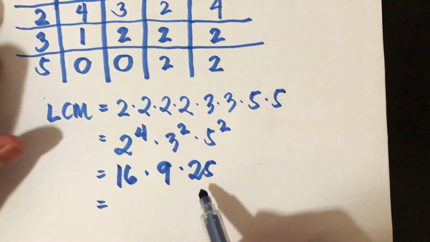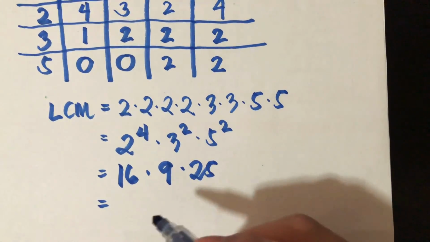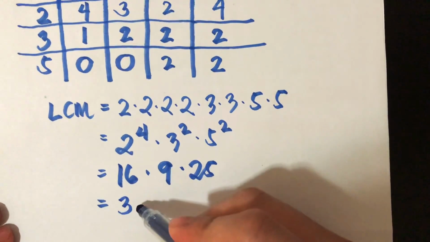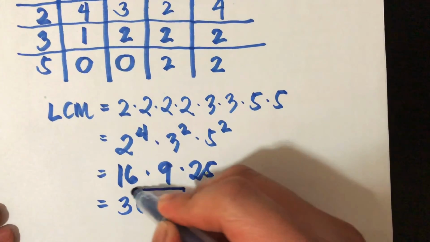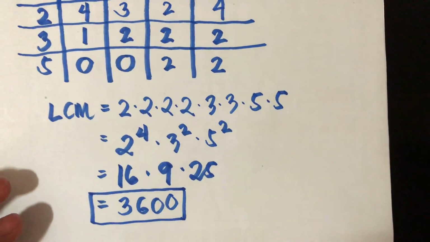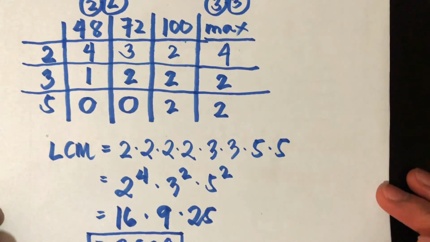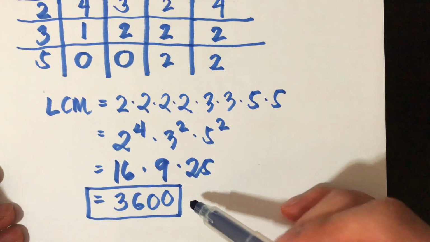Now, if we multiply these numbers together, so we have 16 times 9 times 25, it is equal to 3,600. So the LCM now for 48, 72, and 100 is 3,600.